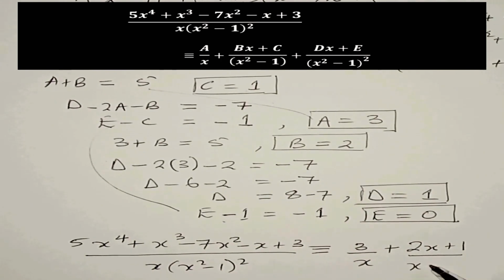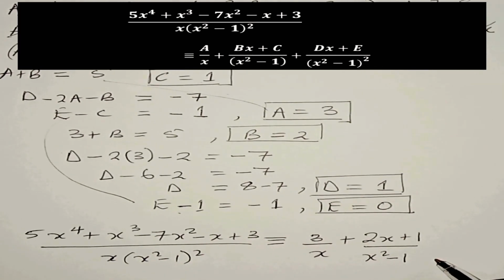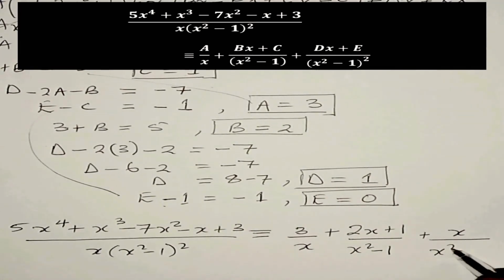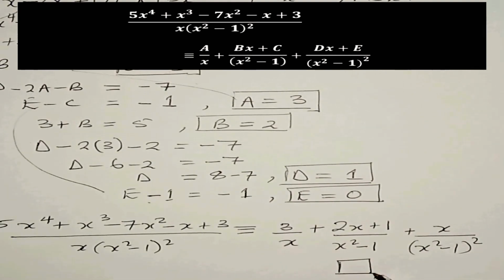So 2x plus 1 over x squared minus 1. And we have dx plus e. You remember e is 0 and d is 1. So we simply have x over x squared minus 1 squared. And we have managed to decompose that fraction into partial fractions.